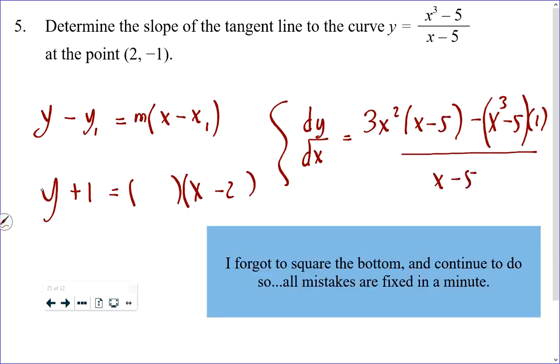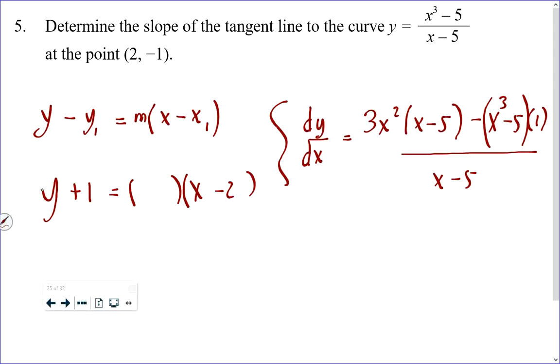Now, let's simplify it just for kicks, because you do need to know how to simplify it, even though you can finish this problem without simplifying it. There is nothing to factor out of those two terms. Let me highlight the two terms so that you can see them.